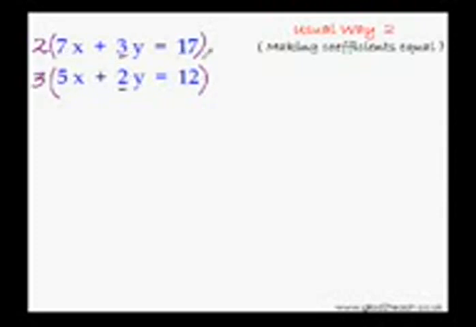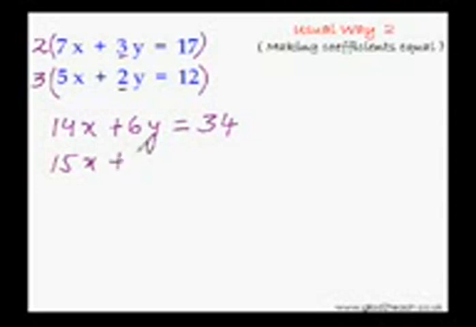Now just simplify it. 2 times 7x would be 14x and 2 times 3y would be 6y, and 2 times 17 would be 34. Similarly, 3 times 5x would be 15x, and 3 times 2y would be 6y, and 3 times 12 is 36.